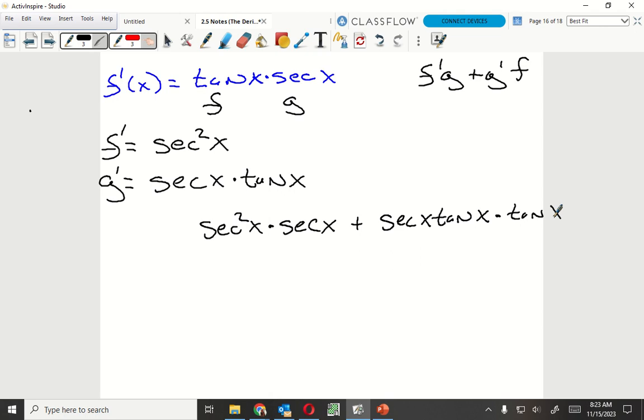Okay. All right, I'm going to do a little bit of grouping together, because what's tangent times tangent? Tangent squared. Okay. And what's secant squared times secant? Secant cubed. Very good. So we're going to have secant cubed x plus secant x times tangent squared x.